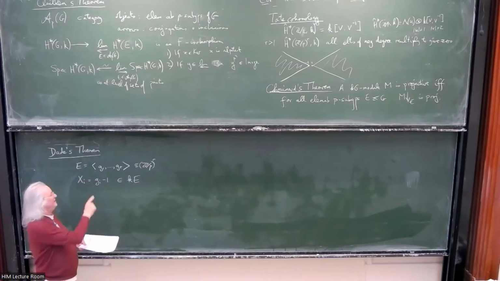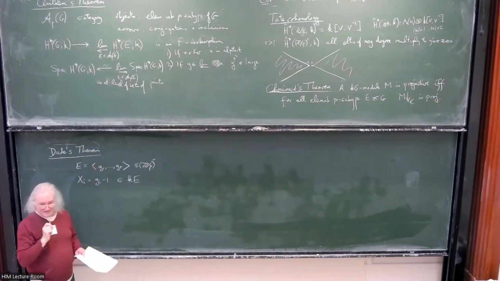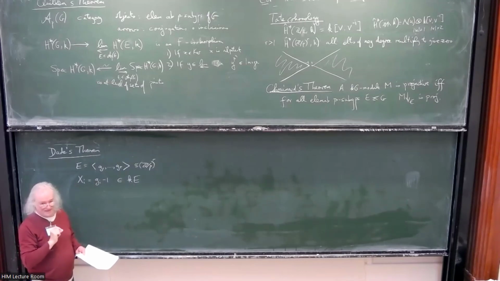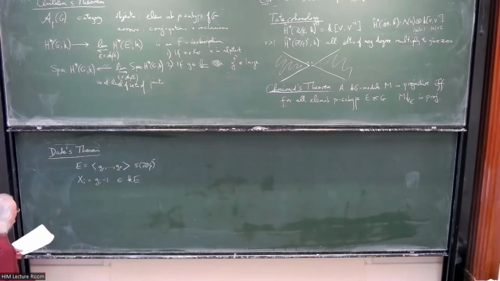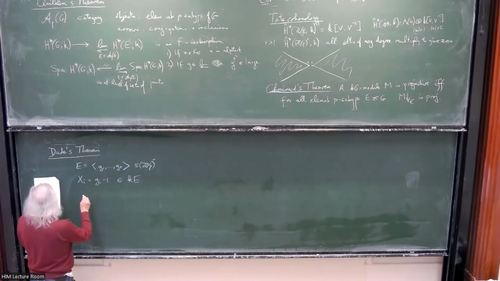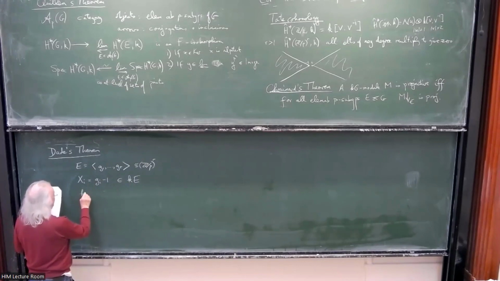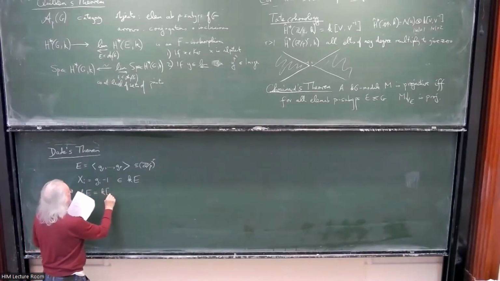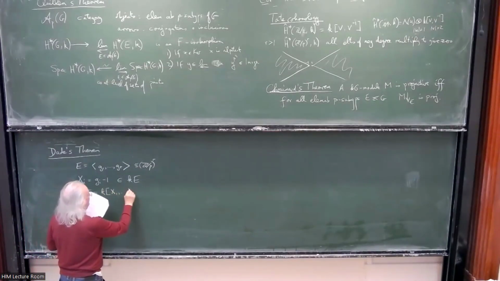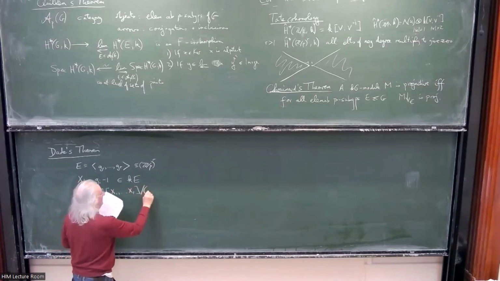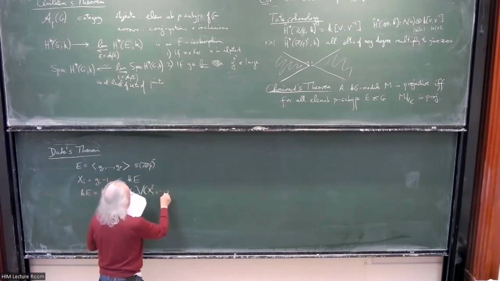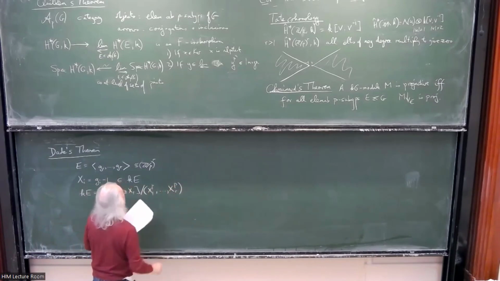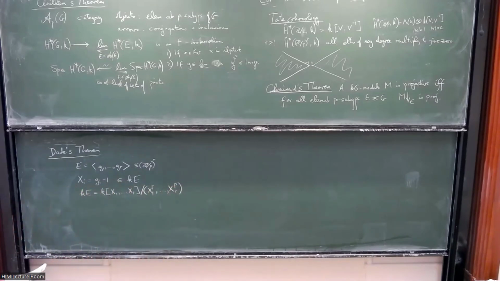We're in characteristic p, g_i to the p is 1, so (g_i minus 1) to the p is 0. That's the thing with binomial coefficients. So I can write KE as a truncated polynomial ring in these x_i.